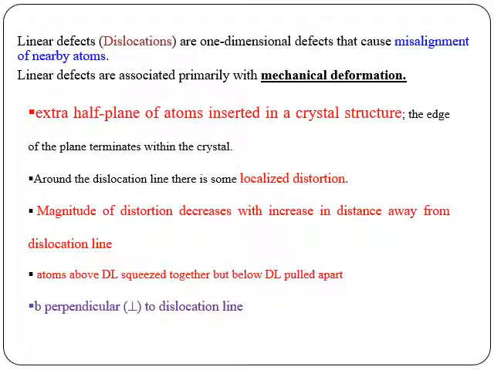Here we can see that around the plane of atoms there will be a localized distortion. That is what I said. There will be alternating compression and tensile stresses, represented with the perpendicular symbol for positive and a T for negative. The dislocation line is the line which differentiates the extra plane of atoms from the perfect crystal.